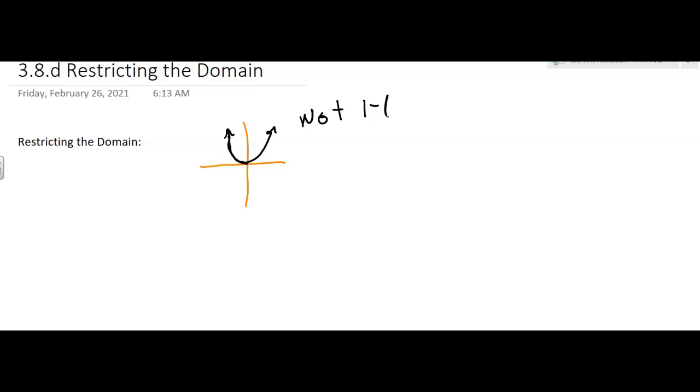To do that, you're going to look at your function, and if it's symmetric, which a lot of times they are, that's why it's not one-to-one, you're going to restrict it so that you only see half of it. So this function right now is f of x equals x squared.